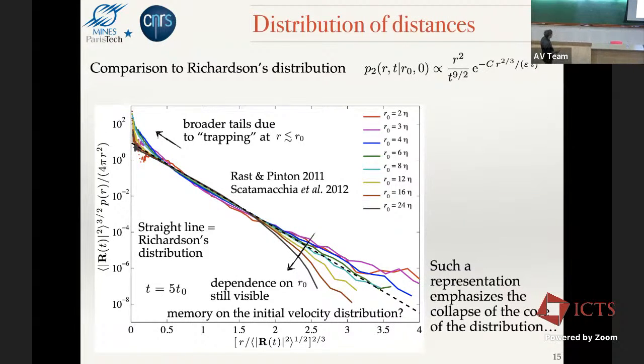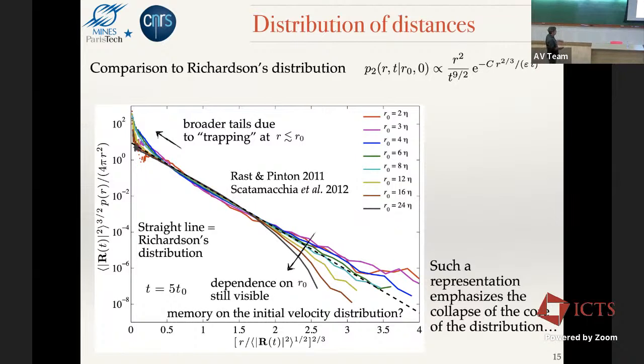And of course, what makes the Richardson distribution pretty nice as a model is that you have these two points where everything is pinched. So if you pinch here and pinch here, the core of the distribution, which is somewhere here, looks flat and collapses to the right curve.